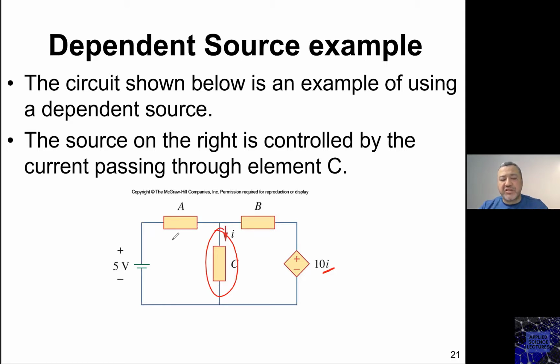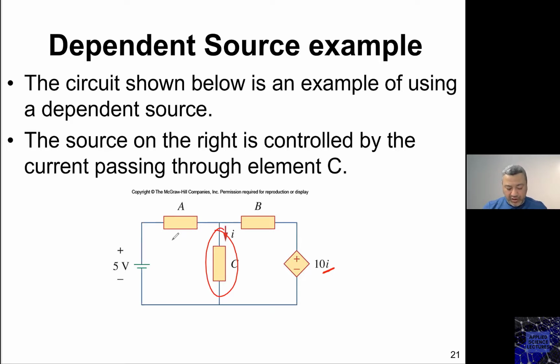So there is a relationship, an expression that combines the voltage generated by this dependent voltage source and the current flowing in the C component. This is how we look at them later when we come to formulating and writing the equations for our circuits.